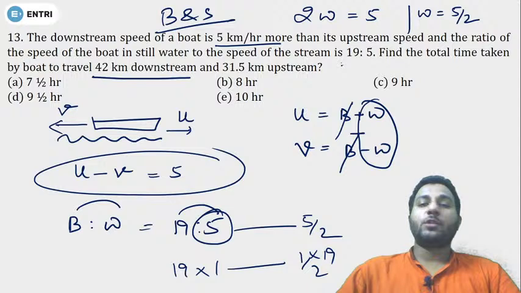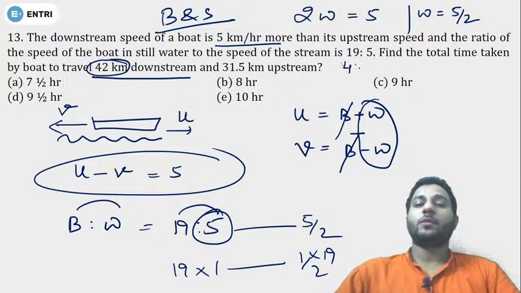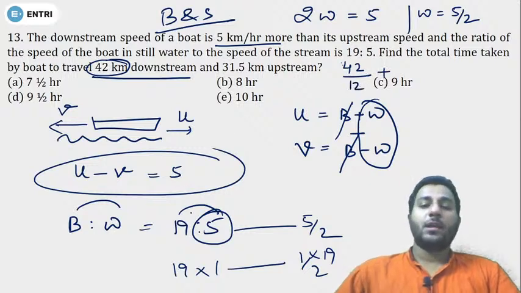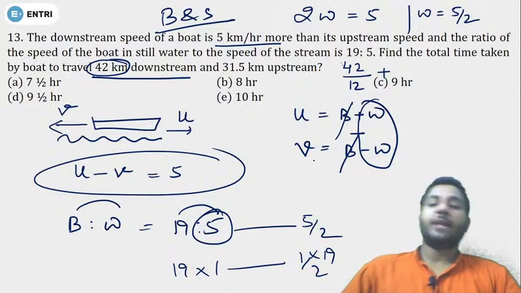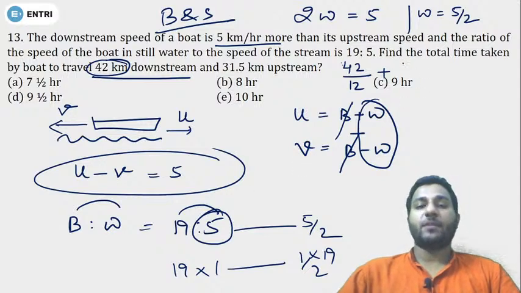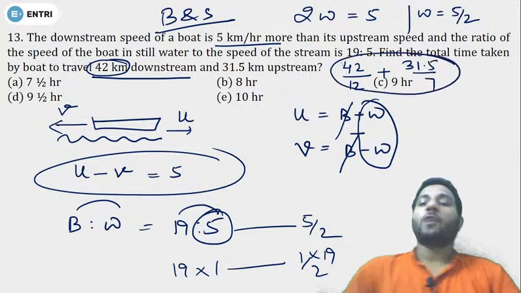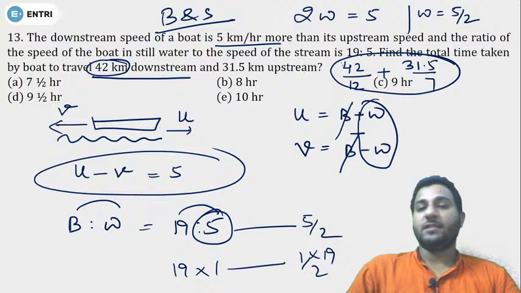So with 12 km per hour, you will have to go 42 km, which means it will take 42 by 12. Now once you subtract these two data, you will get the upstream speed, which means 7. So 31.5 divided by 7. Once you solve these, you will get the answer easily.